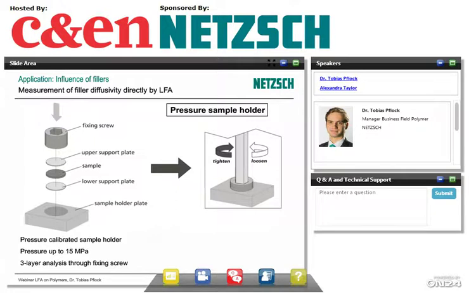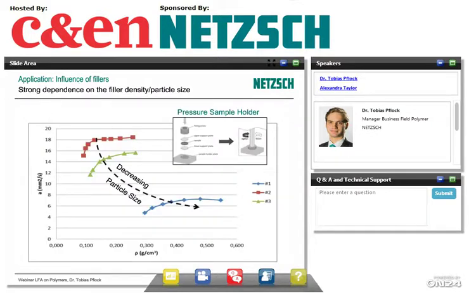And well, that just depends on what you want to look at. And then we take this kind of sample arrangement and just shine through the sample holder itself. We apply a multi-layer model to derive the transport property of our sample, and we get the following result.